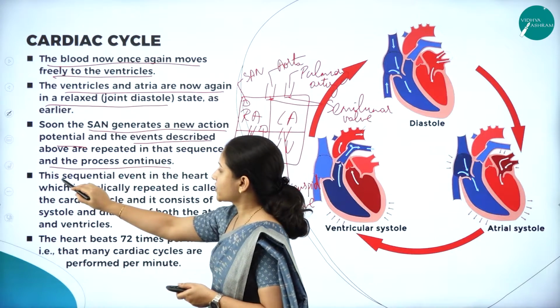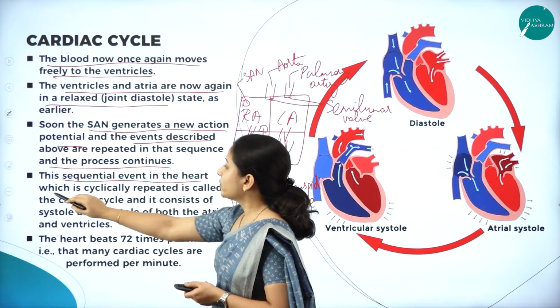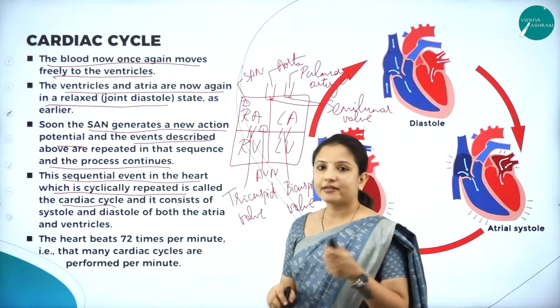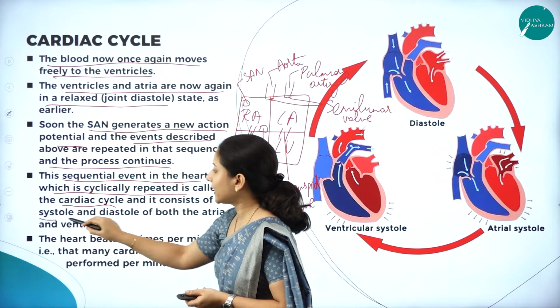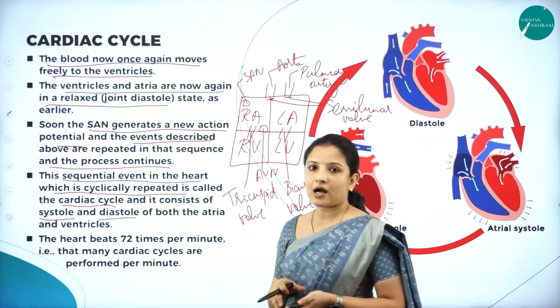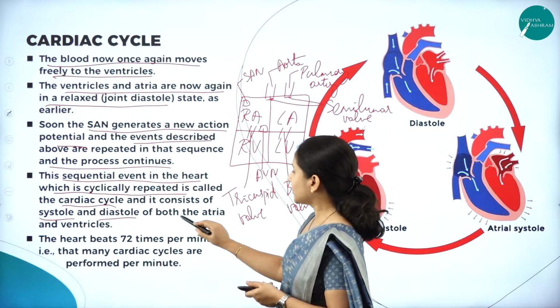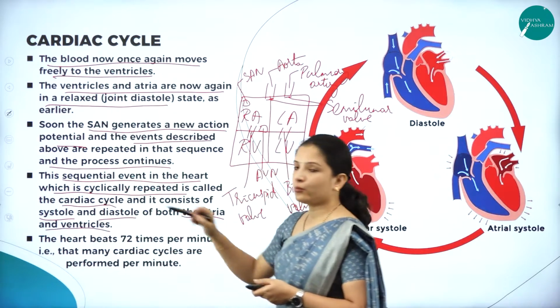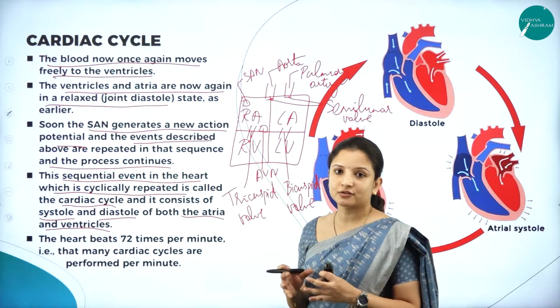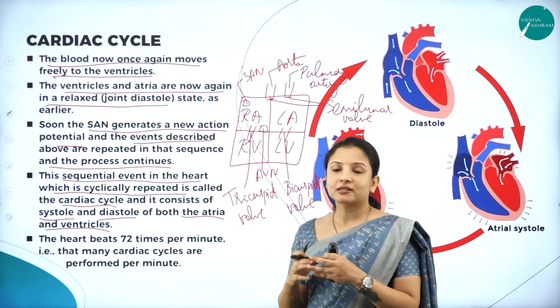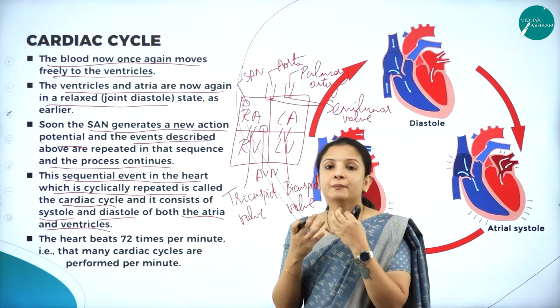This sequential event in the heart, which is cyclically repeated, is called the cardiac cycle, and it consists of the systole, that is contraction of the heart, and diastole, that is relaxation of the heart, both in the atria as well as the ventricles. So much we have understood now about the cardiac cycle. This cardiac cycle is nothing but the one that is causing the beating of the heart.